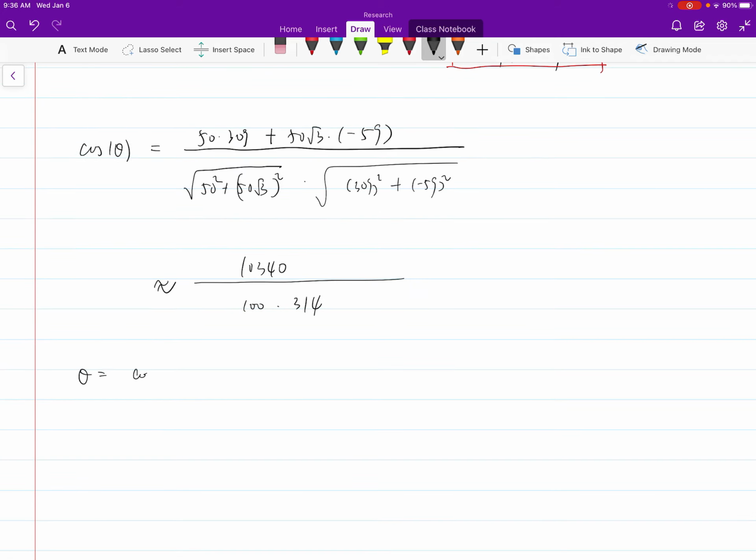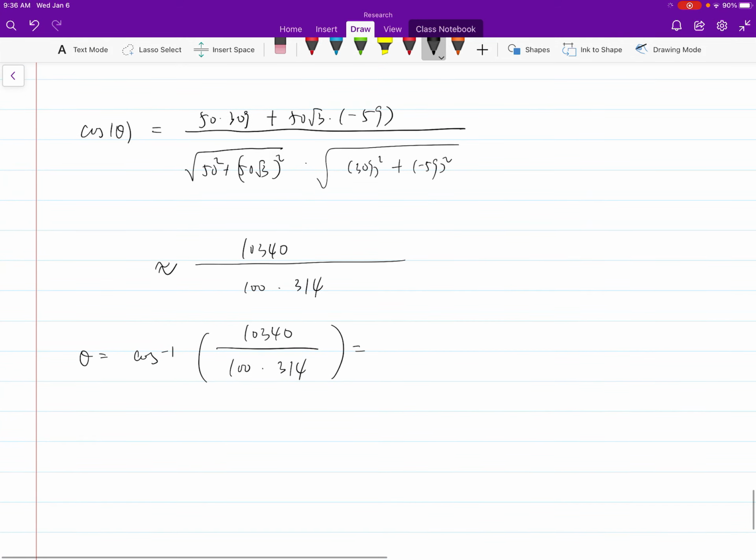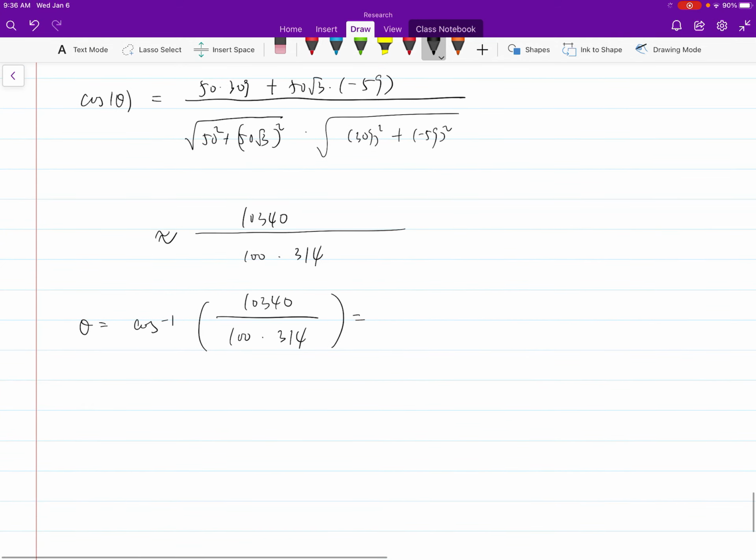Then theta equals cosine inverse of the ratio, which is 1.24, roughly 71 degrees.